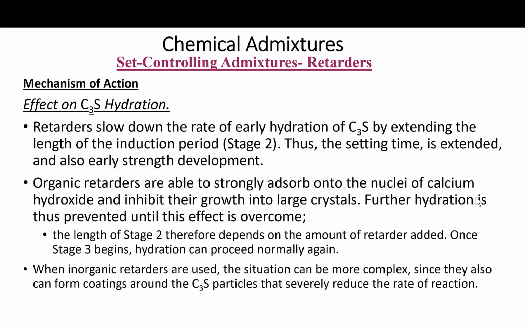Retarders slow down the rate of early hydration of C3S by extending the length of the induction period, stage 2 in the heat of hydration curve, if you refer back to the cement lectures. So the setting time, as measured by the penetration tests or the calorimetry, is extended, as is the early strength development.